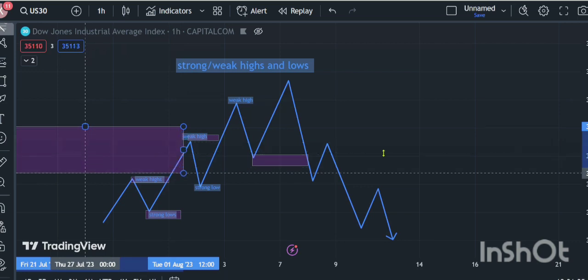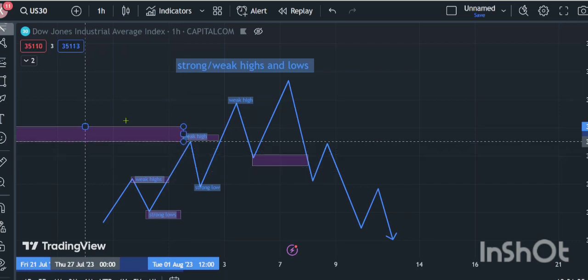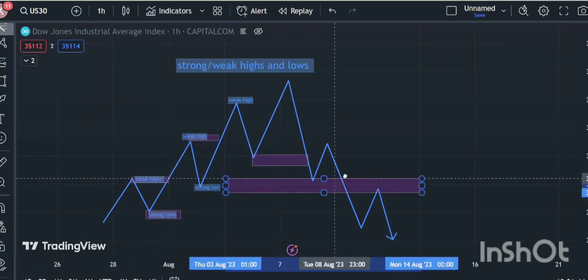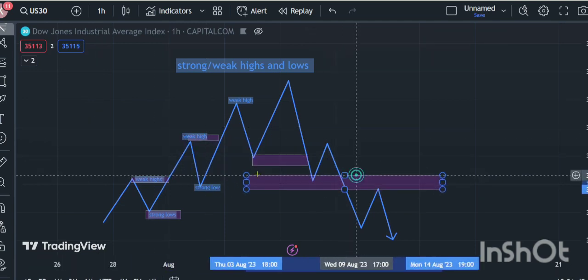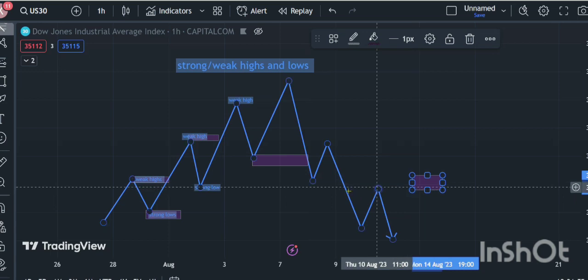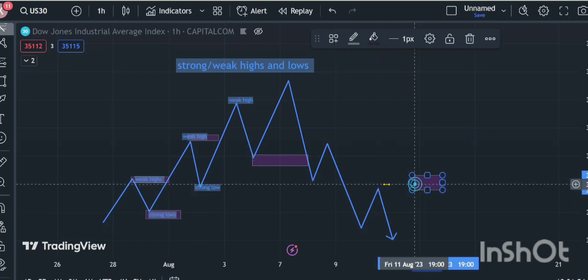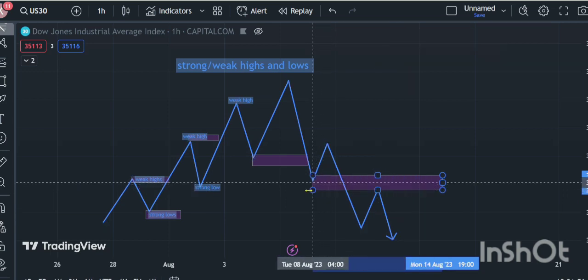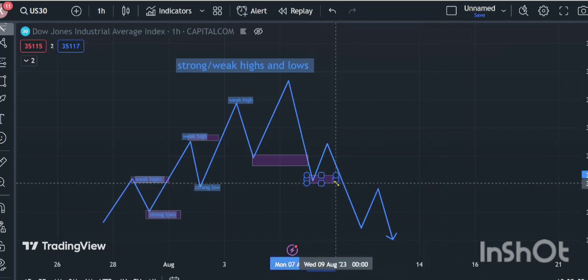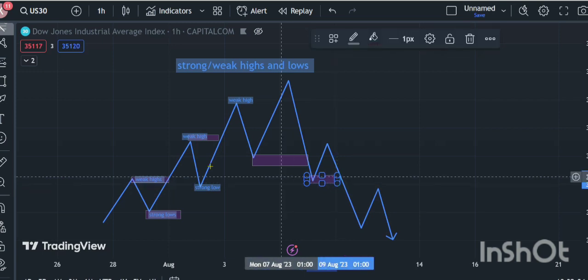Our low, we're trying to mark our low. This is our low that gets broken right at that point. Make sure you mark it very well. My mouse is tripping, apologies on that. So yeah, there you go.